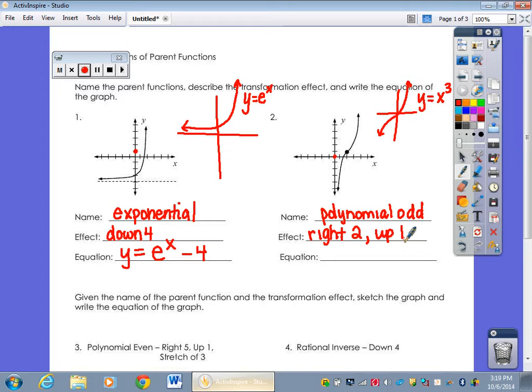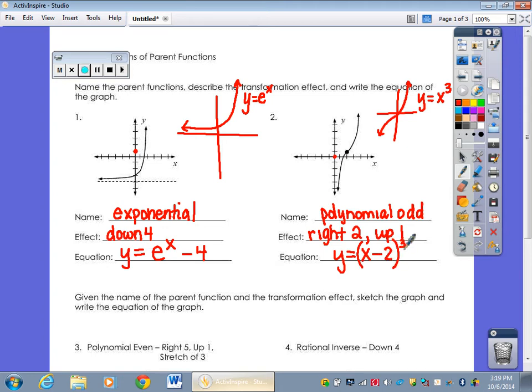Okay, so we take the mom equation, which is y equals x to the 3rd, and we have to make the baby look exactly like the mom, but with these 2 transformations. So when you go to the right 2 on your transformation sheet, that means it affects the equation inside the function, which means I have to use parentheses, and it's going to be minus 2 because it's the opposite of what you expect.